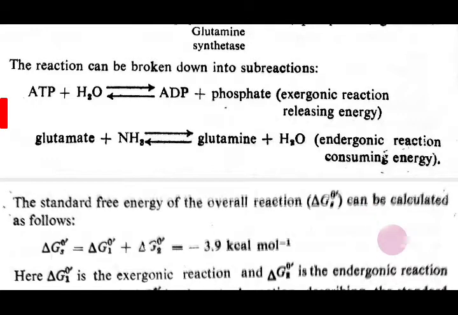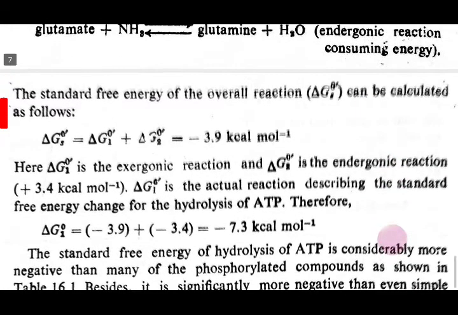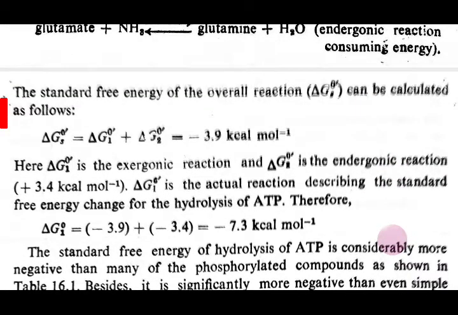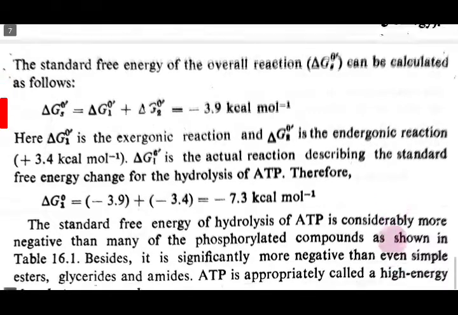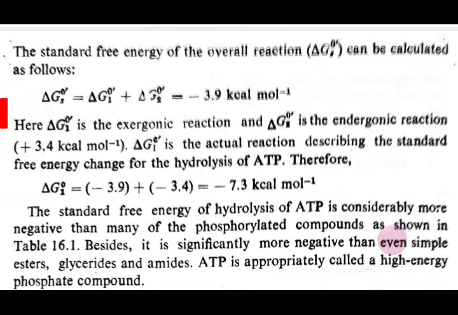The standard free energy of the overall reaction, delta G, can be calculated as follows. Delta G is equal to delta G1 plus delta G2. Substituting all the reactions, we get minus 3.9 kilocalories per mole. Here delta G1 is the exergonic reaction and delta G2 is the endergonic reaction.